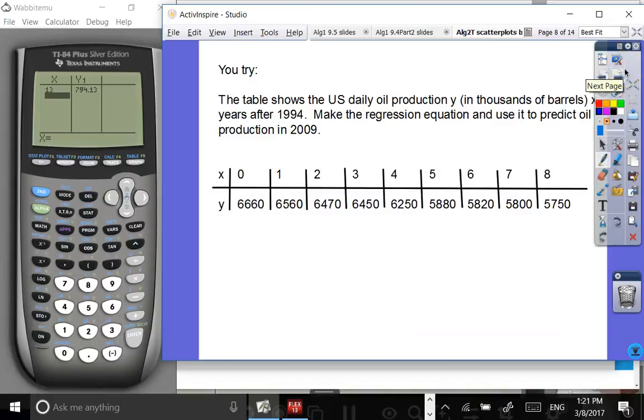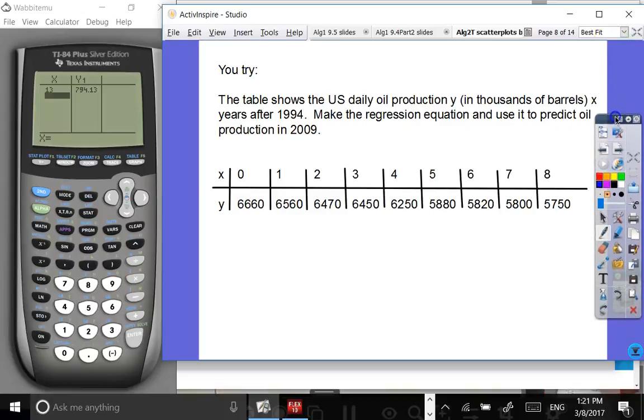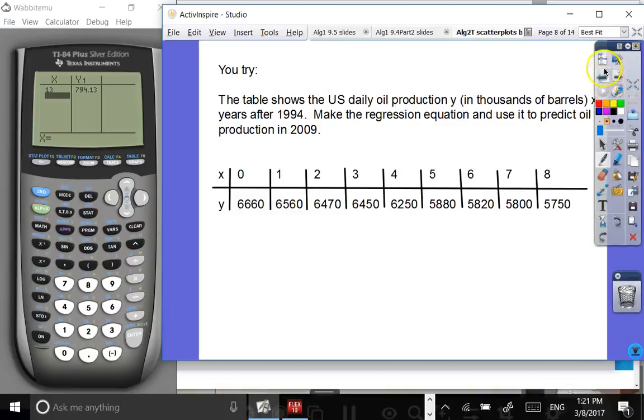Right, let's try this one. This table shows the U.S. daily oil production, Y, in thousands of barrels, X years after 1994.